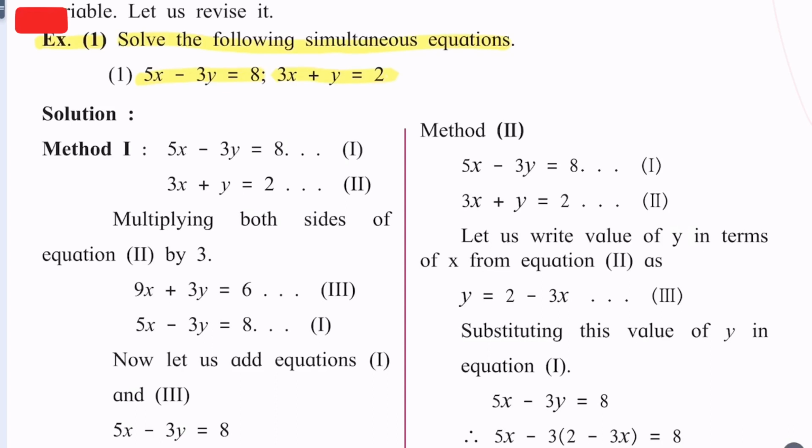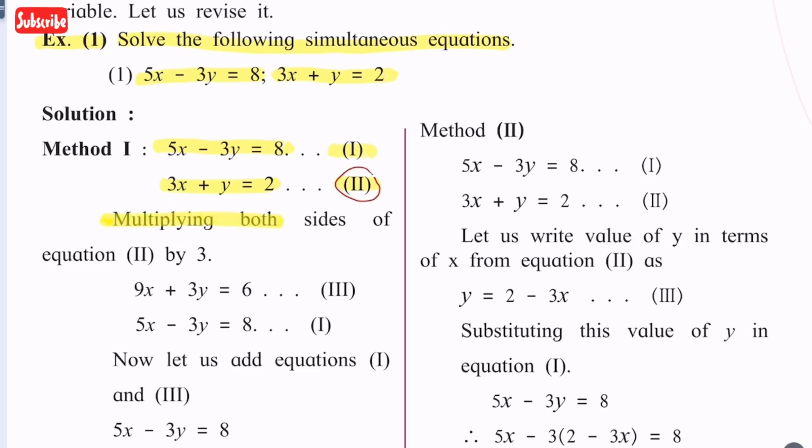First equation, 5x minus 3y equal to 8. This is the first equation. 3x plus y equal to 2. This is the second equation. Now here we see the coefficient of y is minus 3 in the first equation and plus 1 in the second equation.